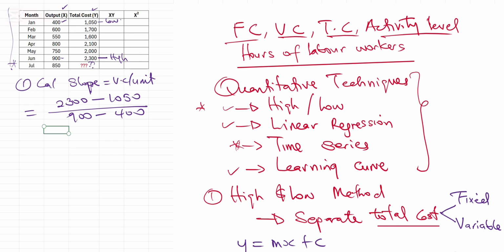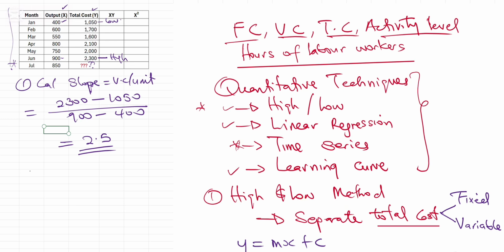And that gives us, if you divide that, you have 2.5. So we've used the highest and lowest level of activity and their respective cost to determine our variable cost.